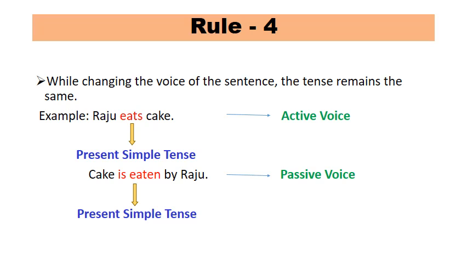See the passive voice. Cake is eaten by Raju. The voice has changed, but the tense is same. It means while changing the voice of the sentence, the tense remains the same.